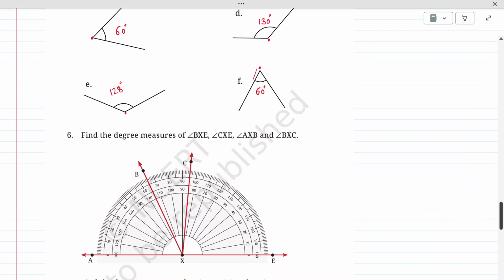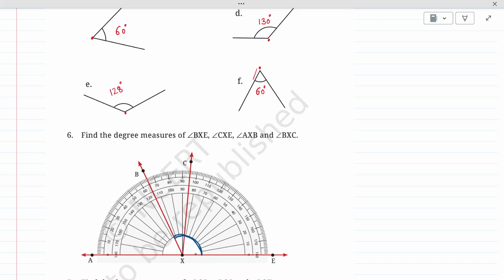Next, we are given a figure of a protractor along with different points which are making angles with the lines, and we have to find out the measure of these angles here. Okay, so this is BXE. I'm marking with blue color. BXE is this angle, this complete angle we have to measure.